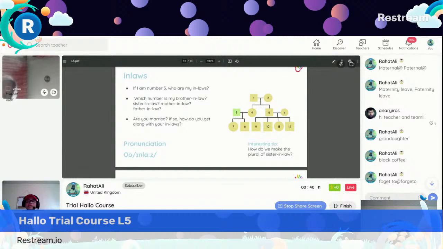So one and two are either mother-in-law or father-in-law. Then five is actually your uncle. No, not uncle, sorry. Yeah, in-laws. So that is in-law, right? Circle is female, square is male. So it could be brother-in-law and sister-in-law. Yeah.